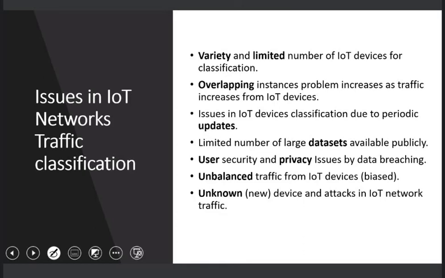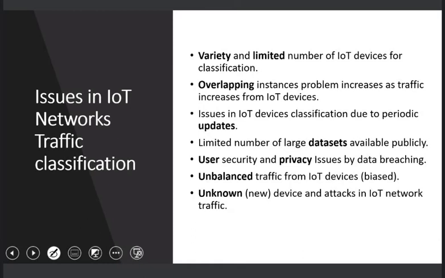You will see some devices send data every minute, some every second, some send bigger data, some send small data. We cannot say we have 10 different kinds of devices. We have 1,000 kinds of devices, but all are limited. Maybe each has one or two devices, not in bulk.